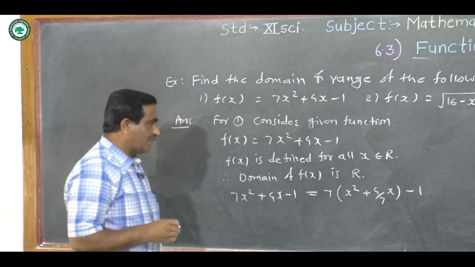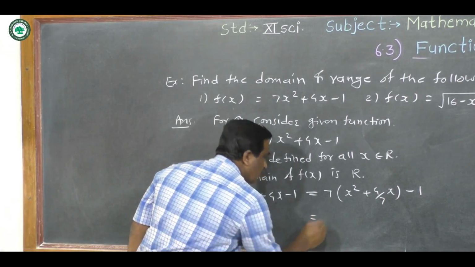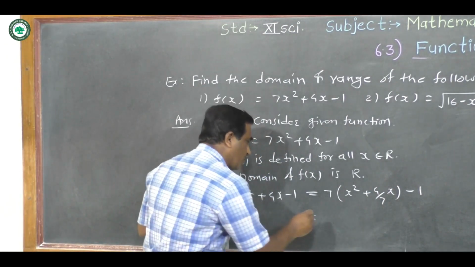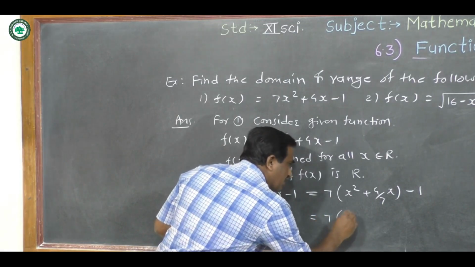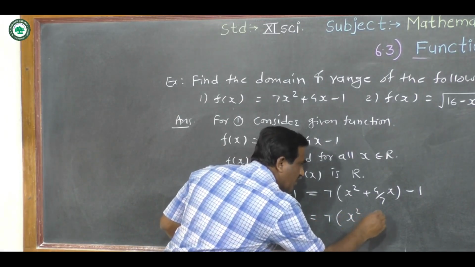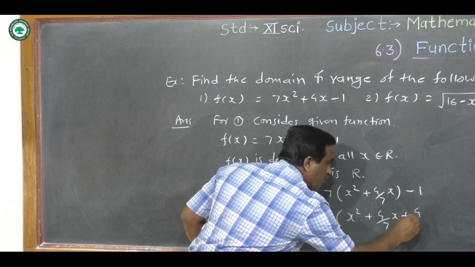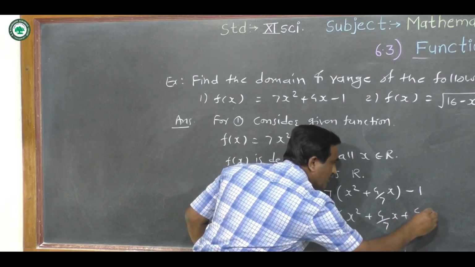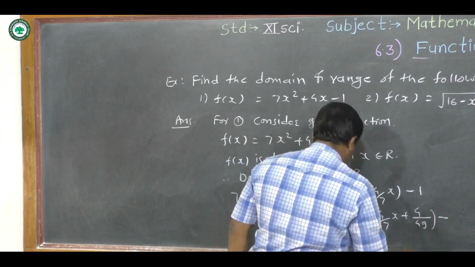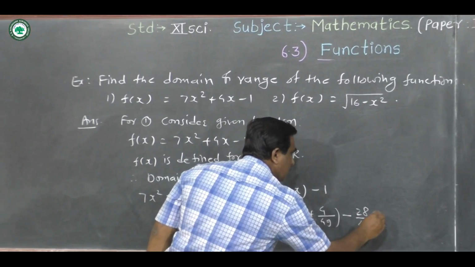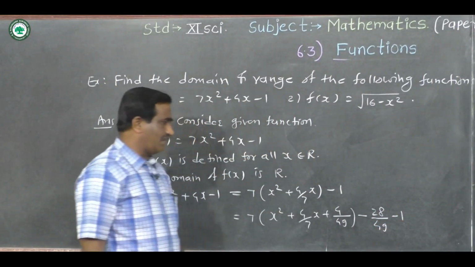We have to write this bracket in completing square form. Therefore we can adjust the terms like this: x square plus 4 by 7 into x plus 4 upon 49 minus 28 upon 49 minus 1 as it is.